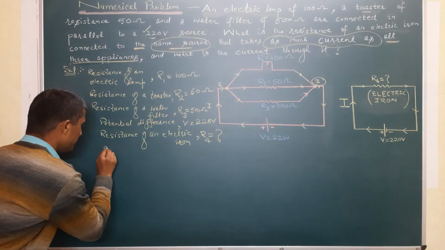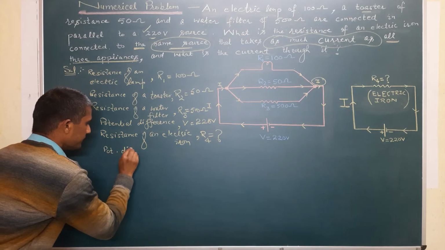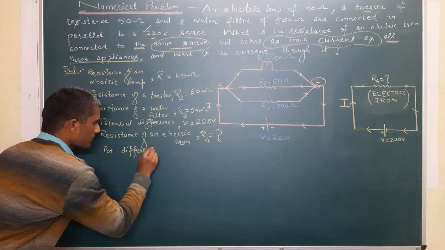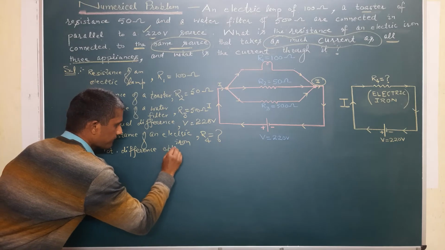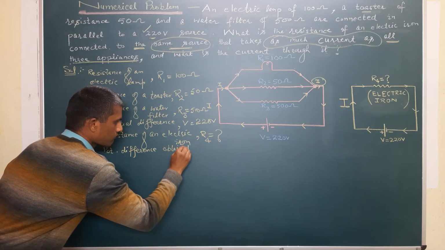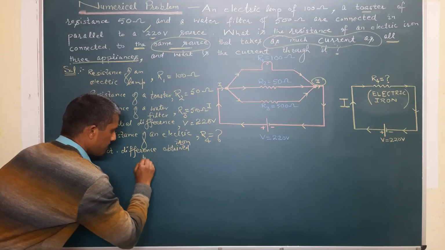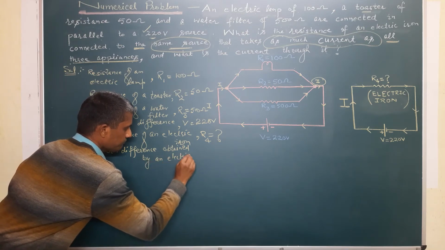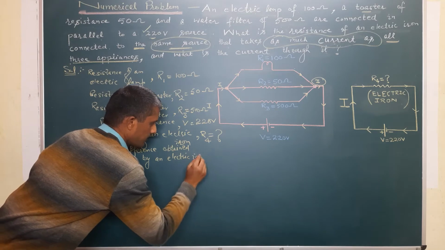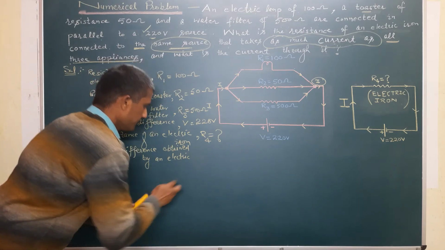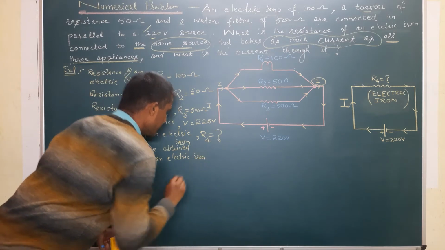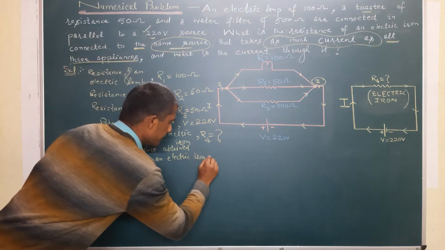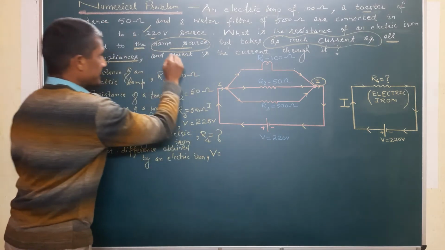So here it is, the potential difference obtained by an electric iron is V, the same.